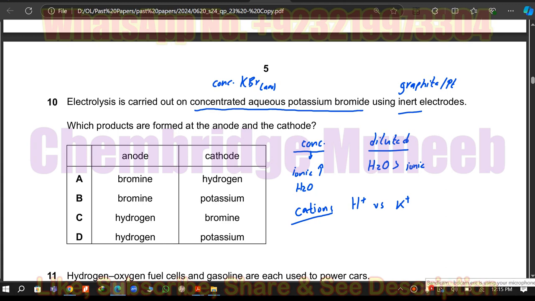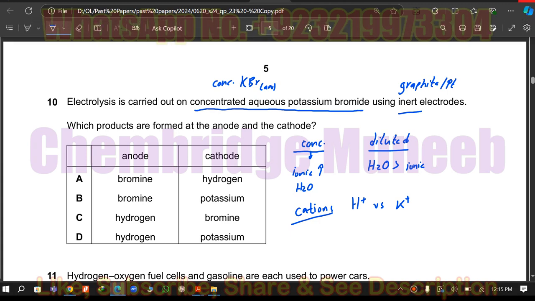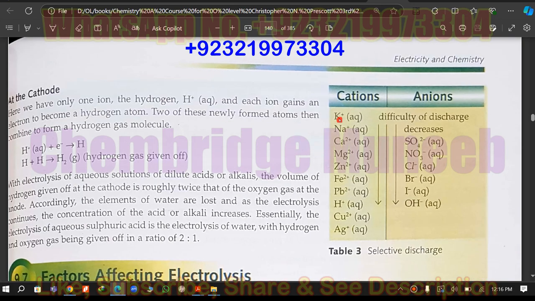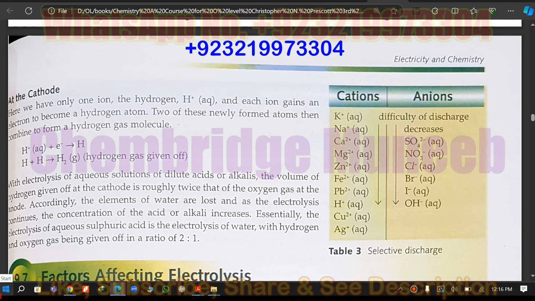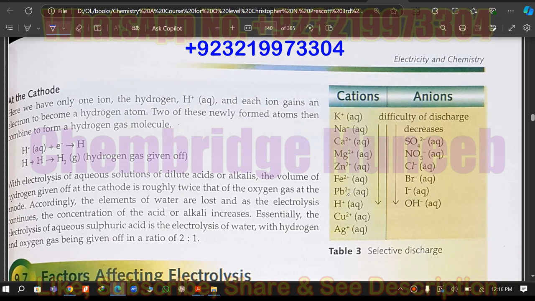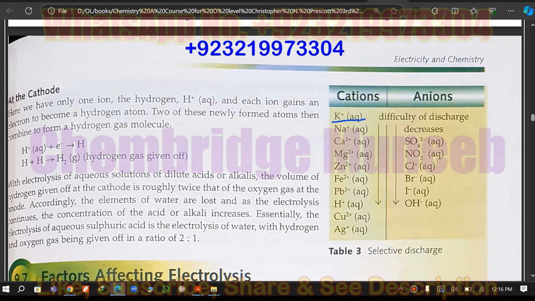It depends on the reactivity order. So to see the reactivity, I will go back to the book again. In this book, you can see that the potassium ion is at a top position versus the hydrogen ions, which is at a very low position as compared to potassium ion. Potassium ion is over here and hydrogen ion is here.